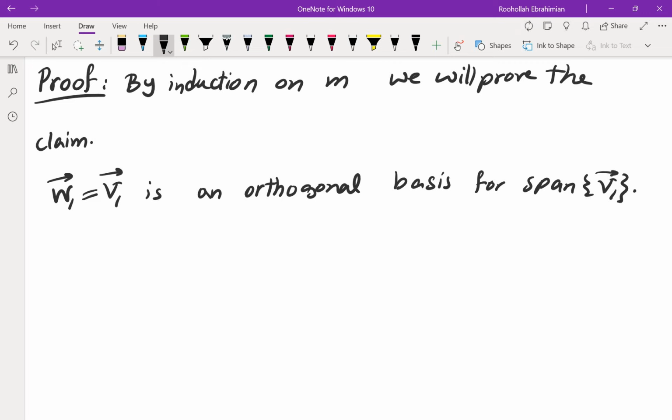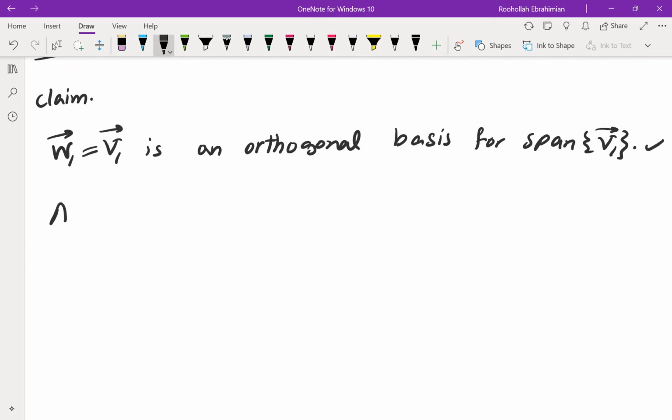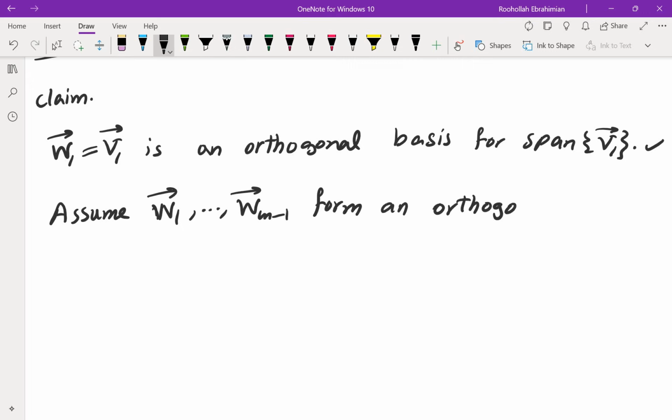That's pretty straightforward, so this is our base step. Now let's assume that w1 all the way to w(m-1) form an orthogonal basis for the span of v1 through v(m-1).